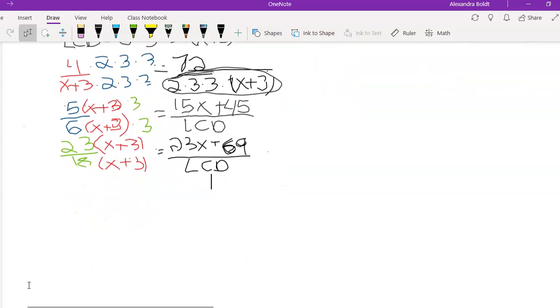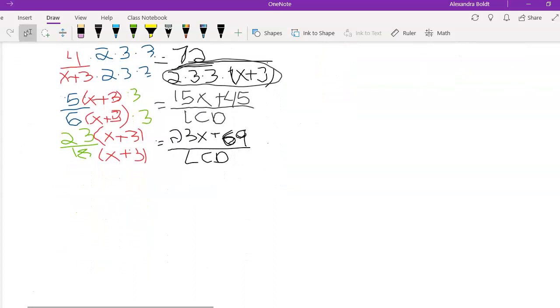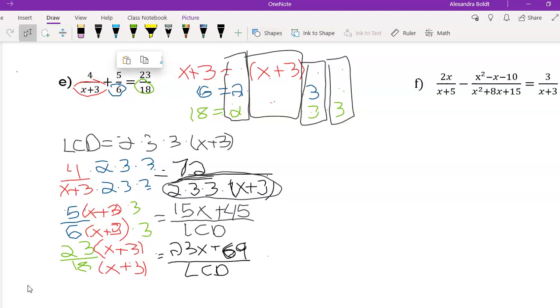Now, since all of these are over the LCD, I can just set them all up. So we have the first plus the second equals the third.